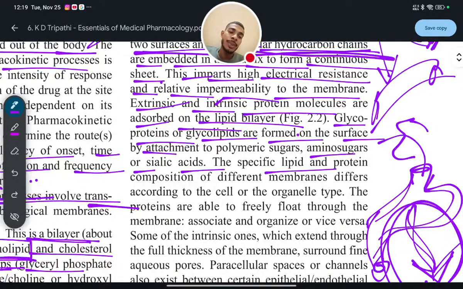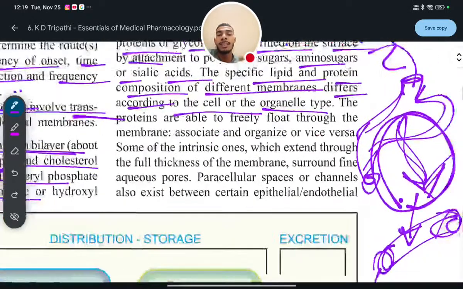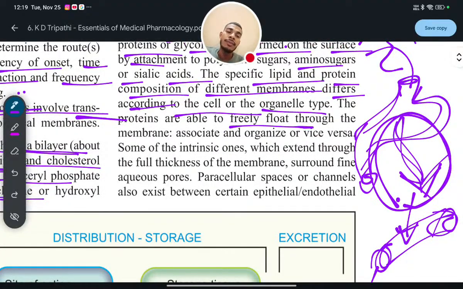The specific lipid and protein composition of the different membranes differs according to the cell or organelle type. The proteins are able to freely float through the membrane, associate and organize, or vice versa.